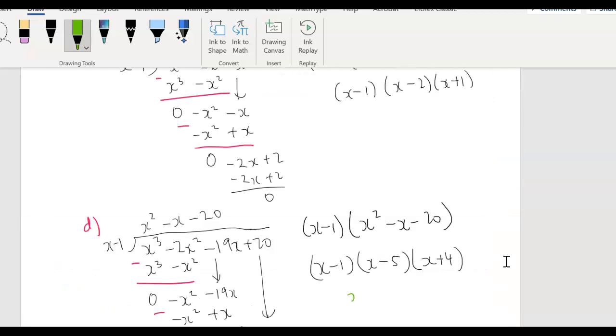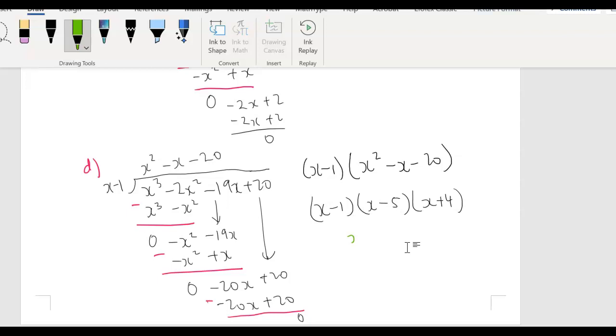All right, so going down. Oh, my writing's disappeared. Do it again. All right, so a is equal to 1. So f of 1, just substituting it in to your cubic. So 1 cubed minus 2 times 1 squared minus 19 times 1 plus 20.